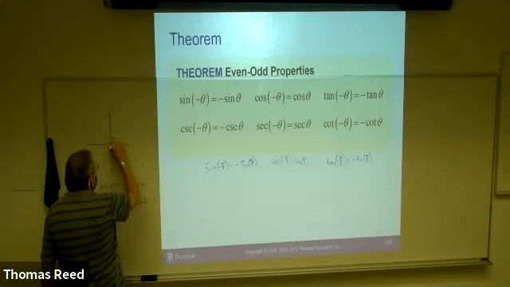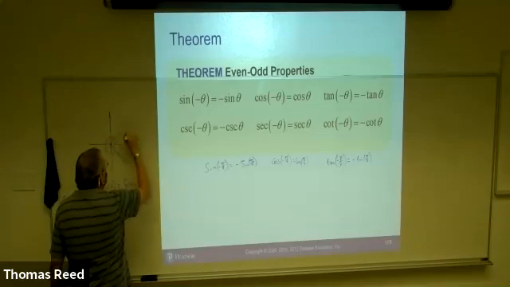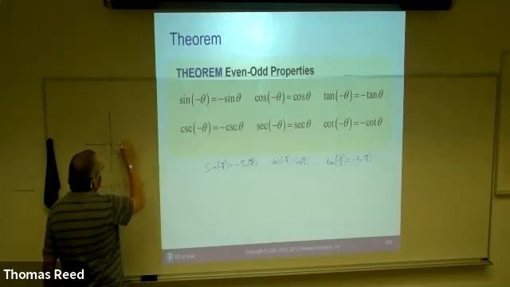They're going to have the same values as this angle. This is negative pi over 4 and this is pi over 4.